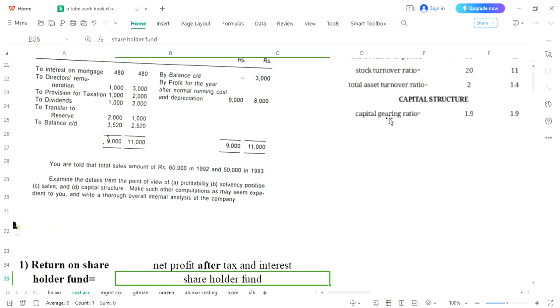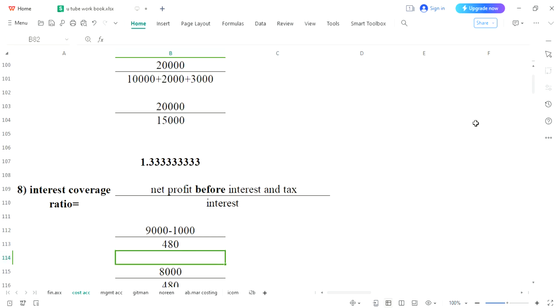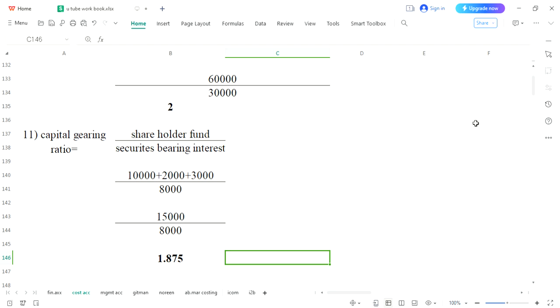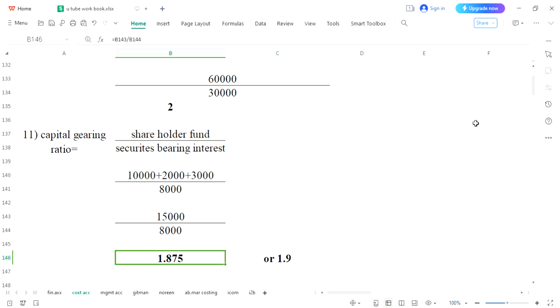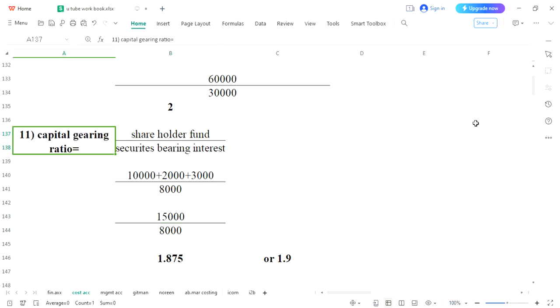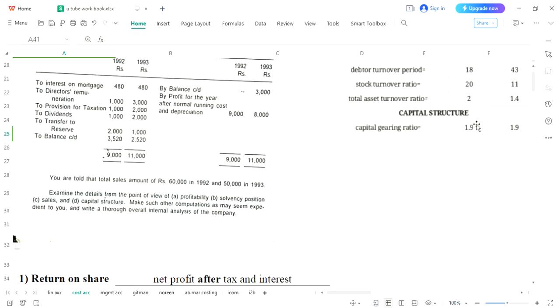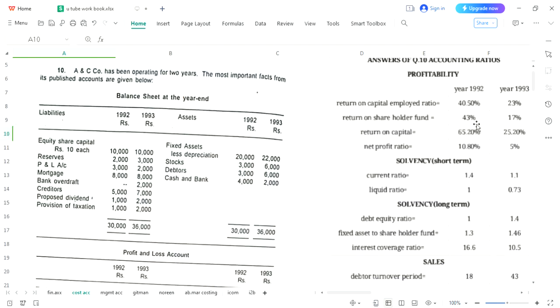All right, capital gearing ratio 1.9 and we have got 1.875. You may write it 1.9 if you round it up, but if you write 1.875, that is correct as well.